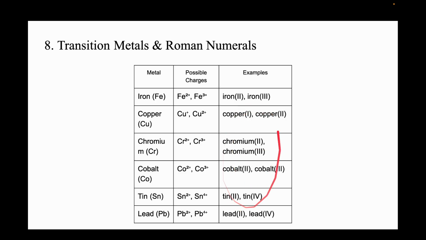And these are the most common oxidation states that each of these transition metals have. Iron 2 or iron 3, copper 1, copper 2, chromium 2, chromium 3, and so on and so forth. And this is just how you would write them, as we always do: 2+, 3+. And these transition metals, they are metals, so they're always going to form cations.